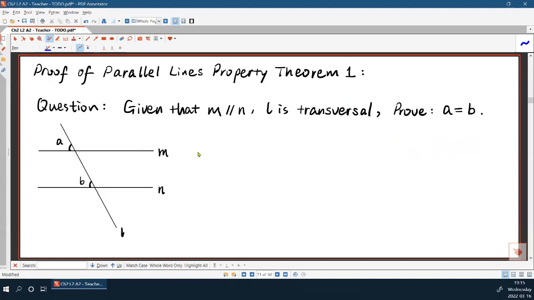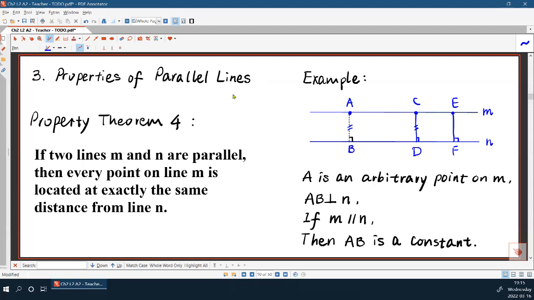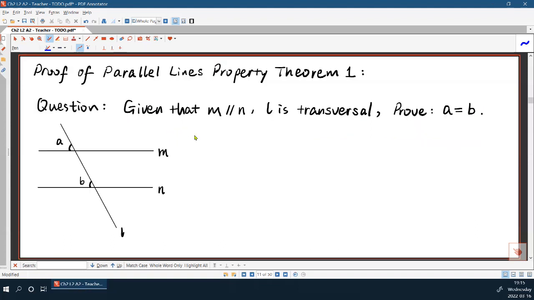Then, as I said, the reason we call them property theorems is because people have proved that each of the property theorems is correct. Therefore, let me show you how we can prove each of the property theorems. So first of all, let's try to prove property theorem 1.